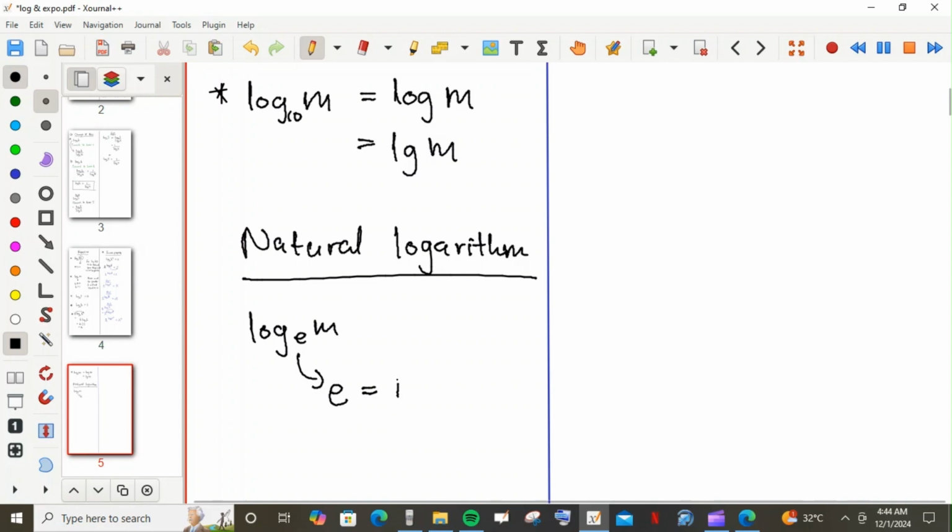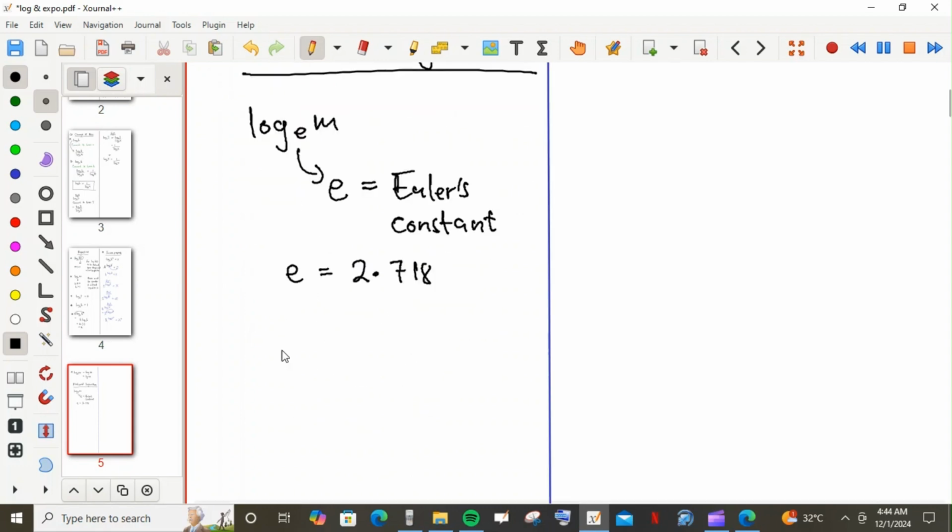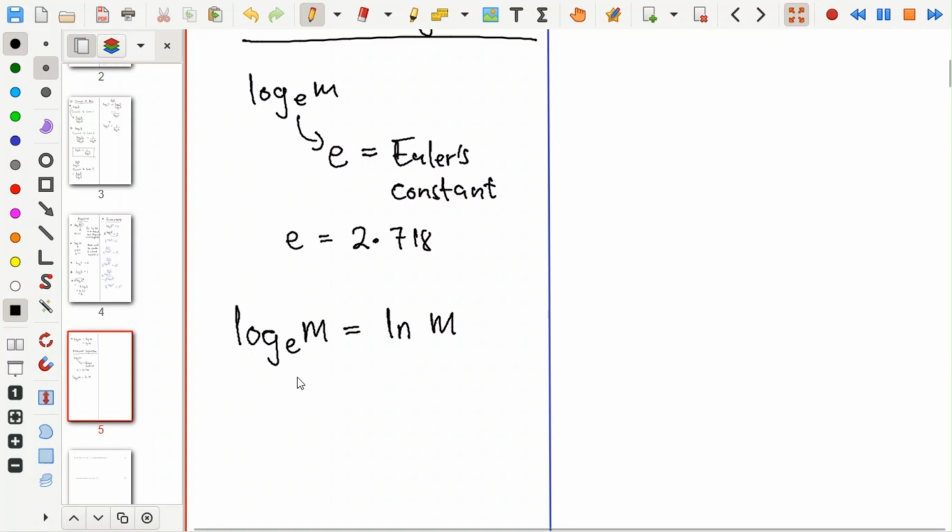It's called Euler's constant. The number e is 2.718. Just like we have a constant like pi, pi is equal to 3.14. The e there is a constant. So it's a very popular concept of log to the base e.